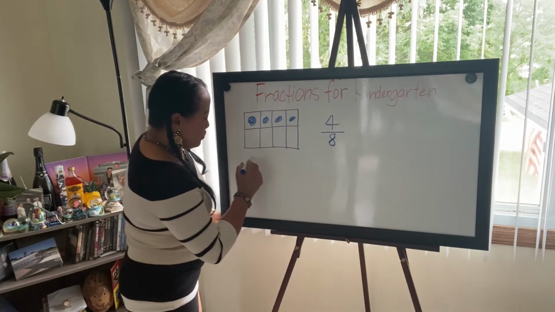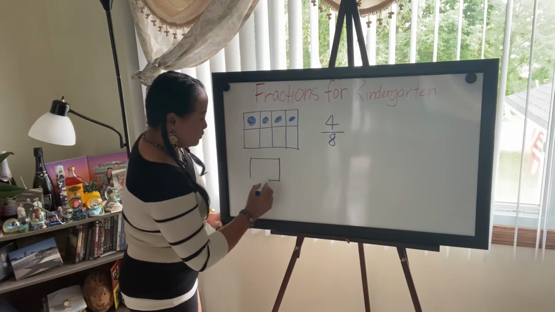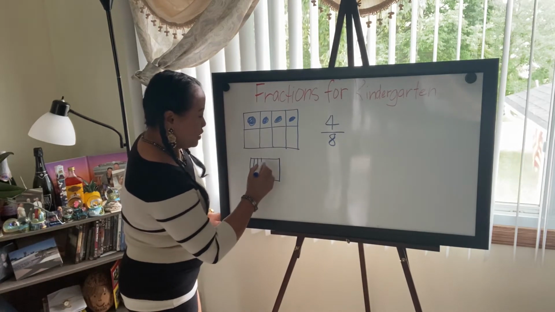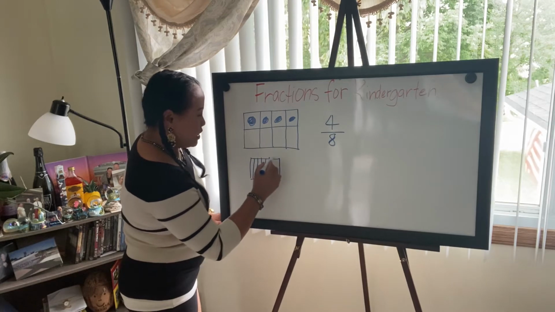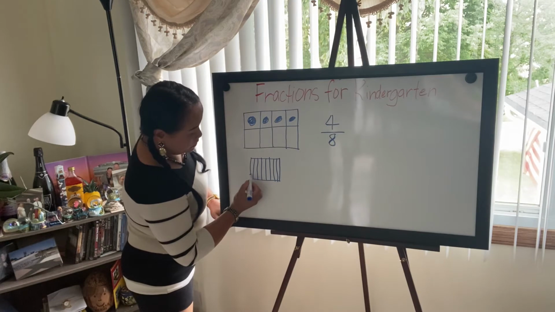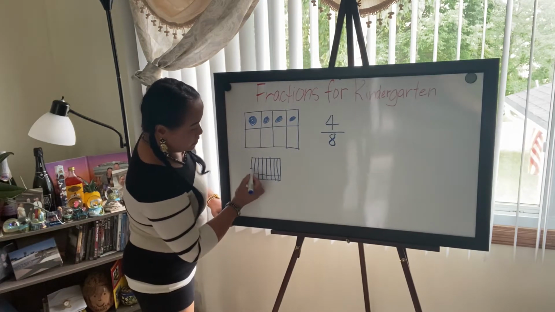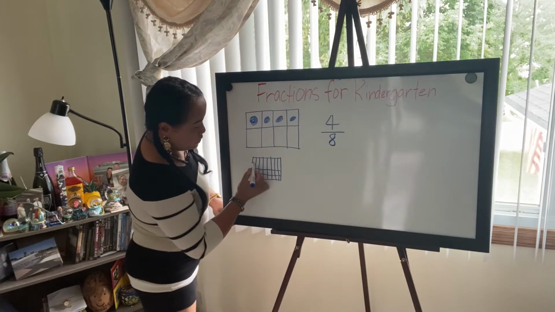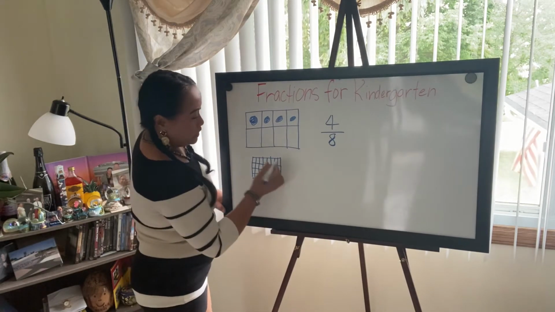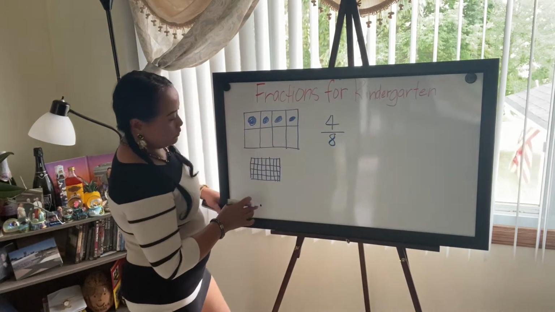Let's say another one here. 1, 2, 3, 4, 5, 6, 7, 8. Then 1, 2, 3. This is a lot of squares.